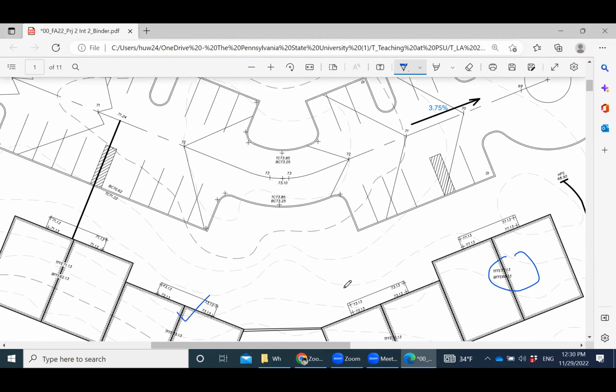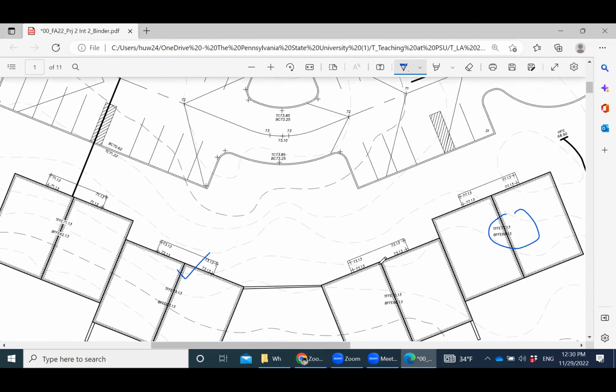That looks reasonable. That also looks reasonable. So we have 72 over here. You do need to verify if this is too low. It may not be, but you have to come back to this point and see if it's 2% slope.